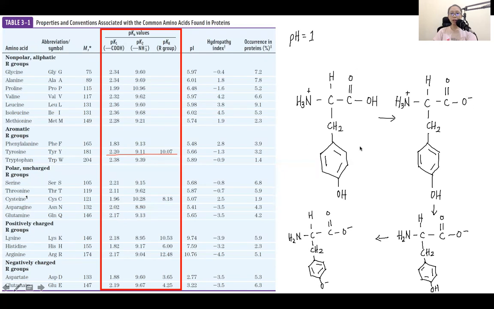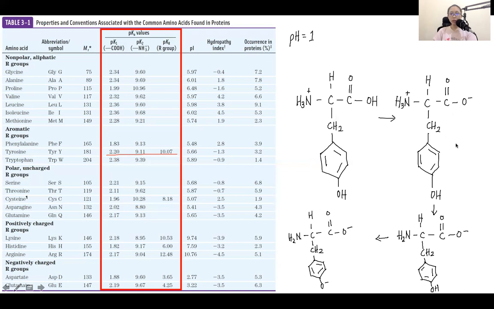The half still has this structure. As we continue to add base, so the pH is increasing, then more of this is converted to this until we reach an equivalence point. So at that equivalence point, all of these molecules are converted into this.